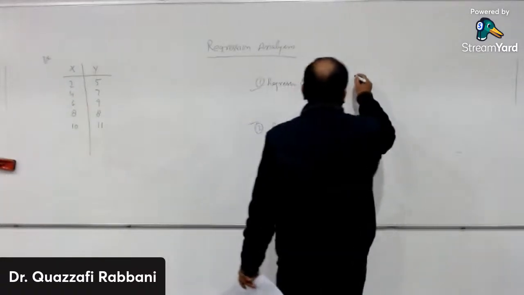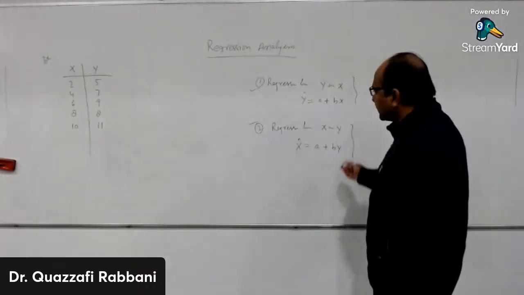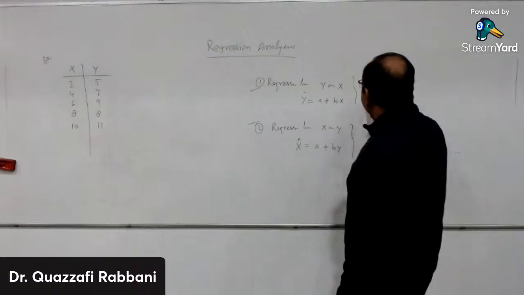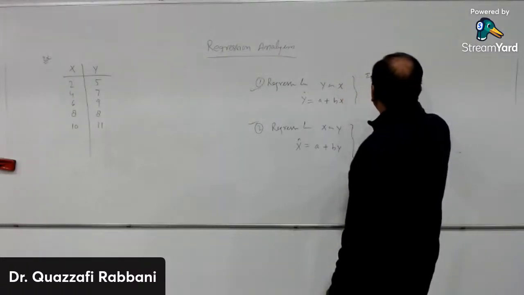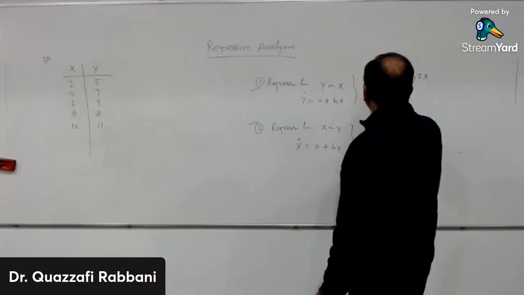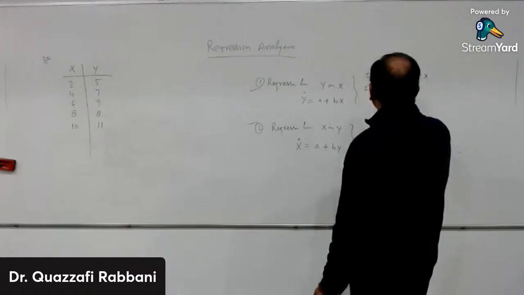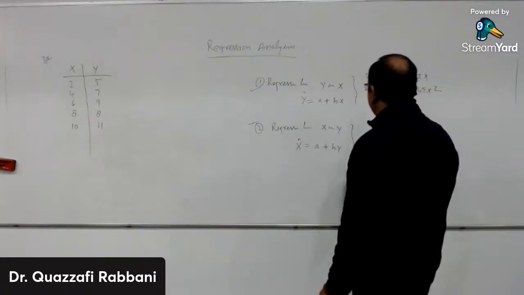In both the equations, we have normal equations. Just as we have seen, the normal equations for y on x are summation y is equal to na plus b summation x, and summation xy is equal to a summation x plus b summation x square.